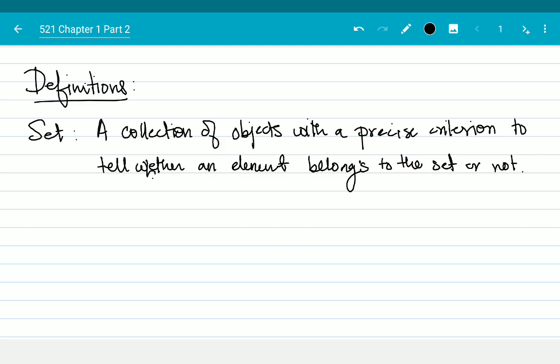We are not going to deal with set theory, so everything we deal with will be sets. We will not be dealing with things which are not sets.